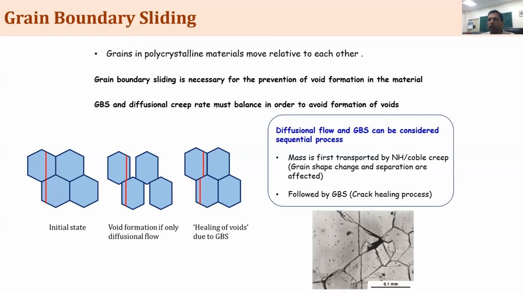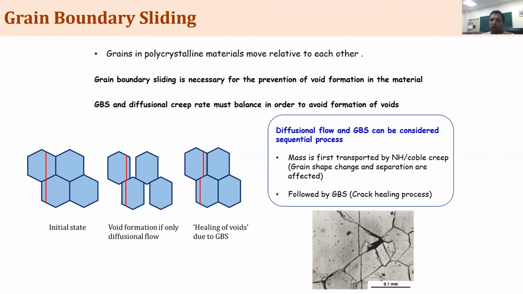So diffusional flow and grain boundary sliding can be considered a sequential process. Mass is first transferred by Nabarro-Herring or Coble creep. Grain shape changes to thinner and narrower grains, followed by grain boundary sliding. So it is a very incremental process.